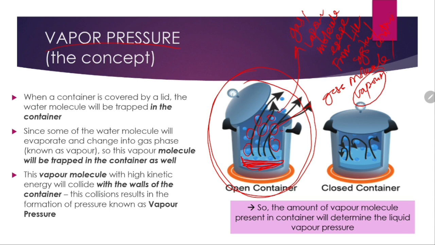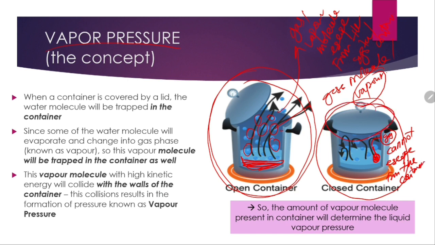But if we have a closed container, the liquid molecules that have enough kinetic energy to overcome the intermolecular forces and are located close enough to the surface get changed to gas. And this gas molecule cannot escape from the container, because we have a closed container system.